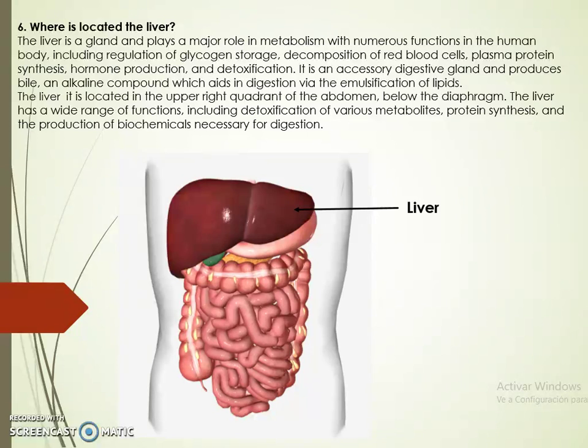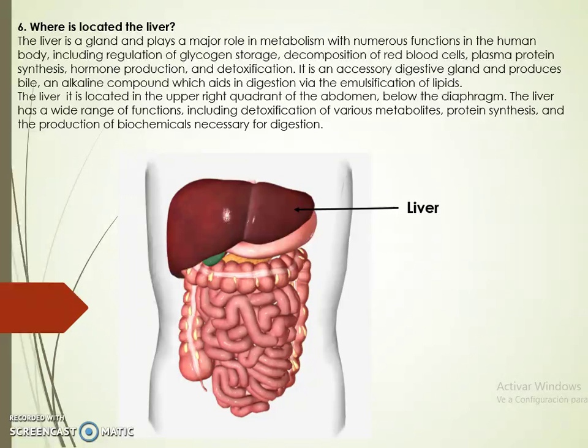Where is located the liver? The liver is a gland and plays a major role in metabolism with numerous functions in the human body, including regulation of glycogen stores, decomposition of red blood cells, plasma protein synthesis, hormone production, and detoxification. It is an accessory digestive gland and produces bile, an alkaline compound which aids in digestion via the emulsification of lipids.